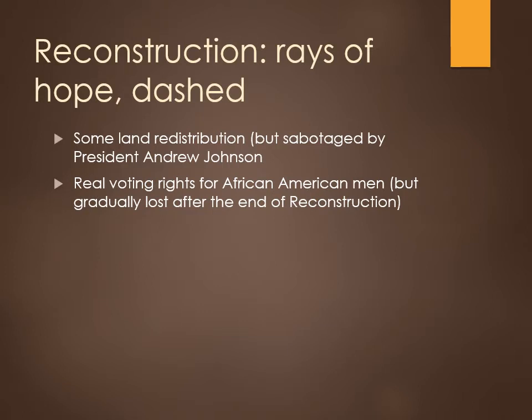There were real voting rights for African American men. Of course, no women at all could vote during this time, but for African American men, they actually could vote during the 1870s. But then gradually, after Reconstruction officially ended in 1877, they lost the right to vote. It wasn't instant, but it was almost total, and we'll talk about that in the next few minutes.